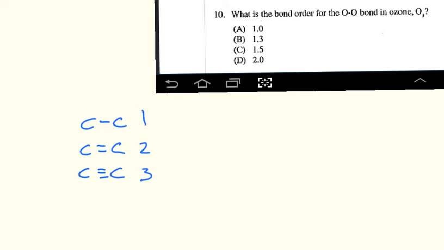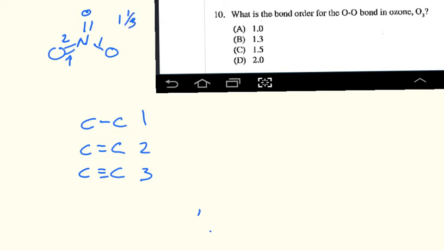And if you have something where you could have a resonance structure, the double bond doesn't necessarily have to be here, it could be in each one of these places. We think of it being an average, so instead of this being 2 and this being 1 and that being 1, the bond order here would be like 1 1/3.